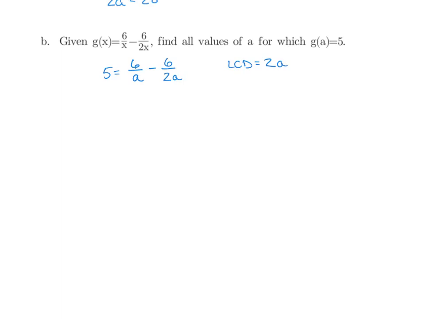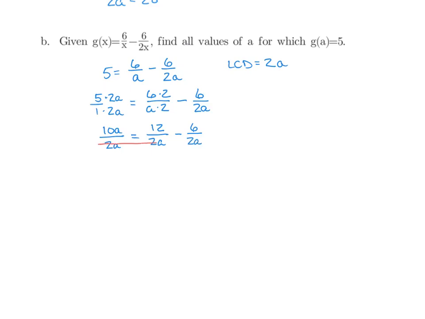If we go ahead and multiply, we have 5 over 1, so I'm going to multiply by 2a to the top and the bottom. 6 over a, I'm missing the 2, so I'm going to multiply by 2. And the last one can stay the same. All right, if we go ahead and multiply this out, we get 10a over 2a equals 12 over 2a minus 6 over 2a.